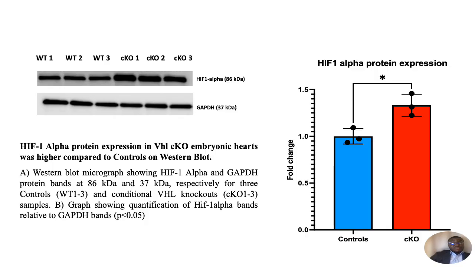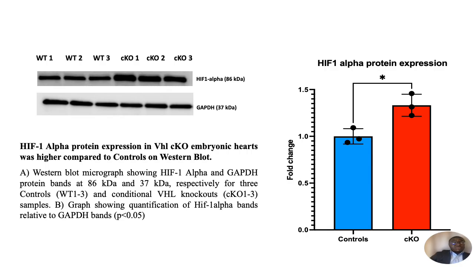The HIF1 alpha protein levels were significantly elevated in the VHL knockout samples compared to the controls, as the Western blot in this slide shows. This aligns with the known molecular role of VHL as the key ubiquitin ligase that targets HIF1 alpha for proteasomal degradation under normoxic conditions.